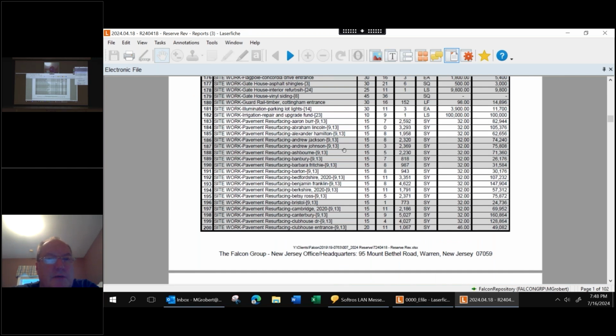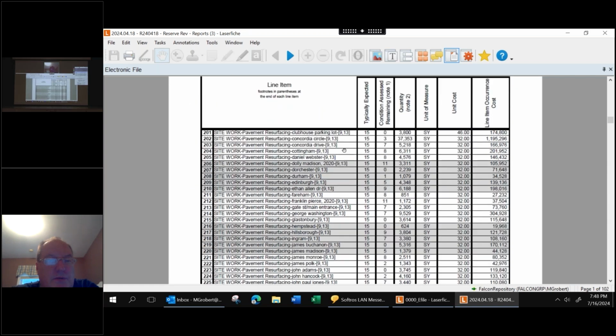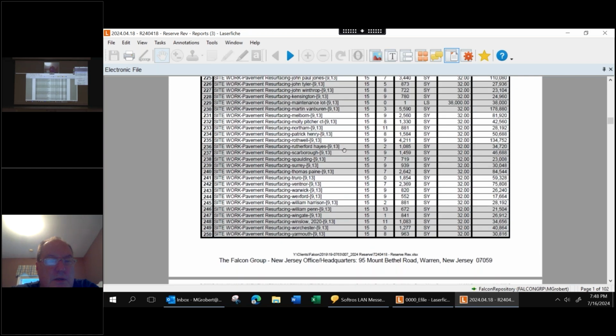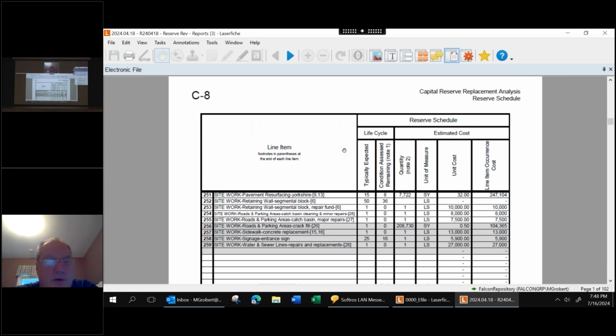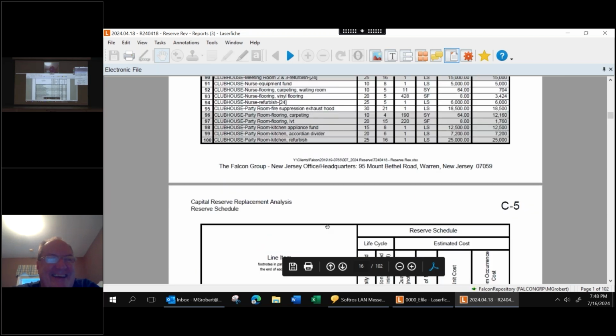Did we put that in here? Oh, you know what? I'll have to look at that part. Roads, parking areas. Crack filling, here it is, yeah, 256. There it is. You have so many items in here, I can't keep up with it.